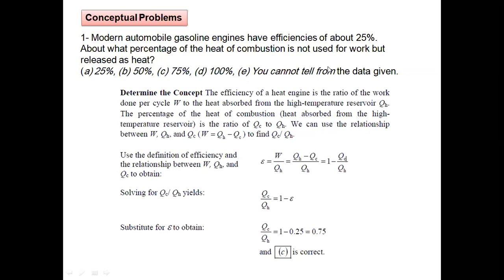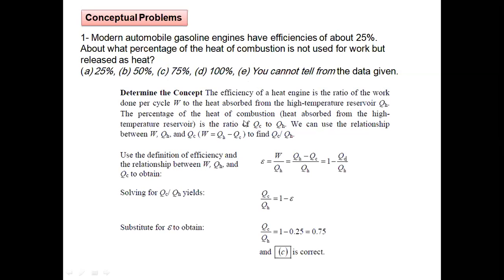Okay, how to solve this problem? Determine the concept. The efficiency of a heat engine is the ratio of the work done per cycle to the heat absorbed from a high temperature reservoir QH.